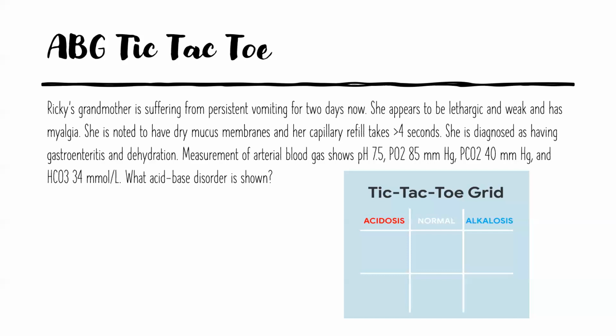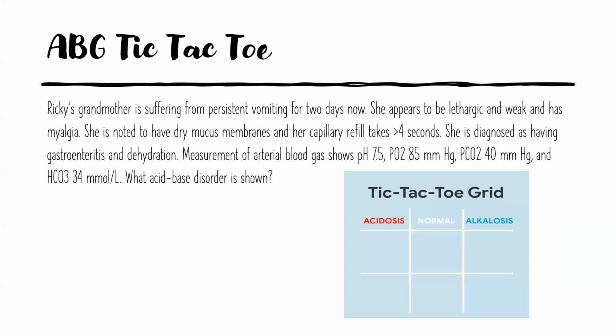Remembering what the normal values are for pH, you will see: is the pH showing a patient that is in acidosis, or is the pH normal, or is the pH showing a patient that is in alkalosis? Then you will look at your PCO2, your partial carbon dioxide.